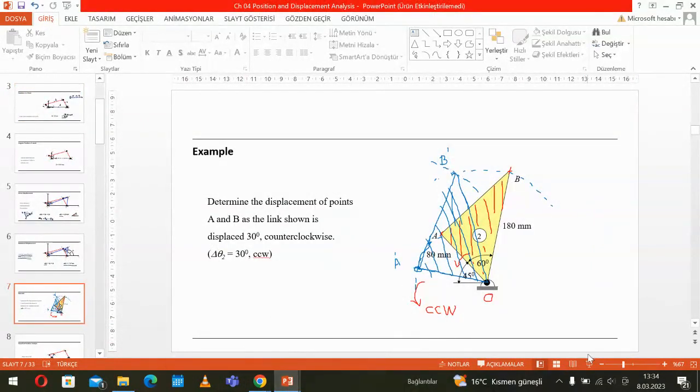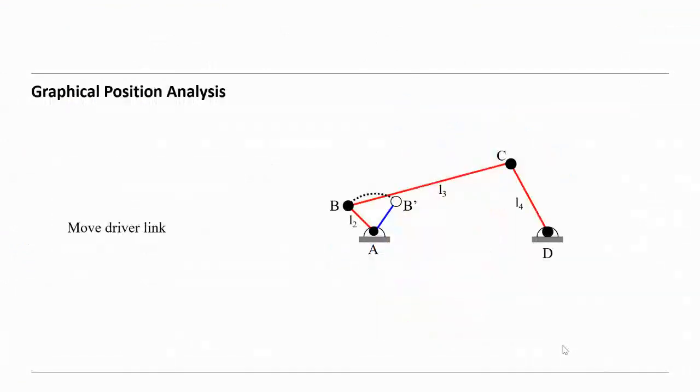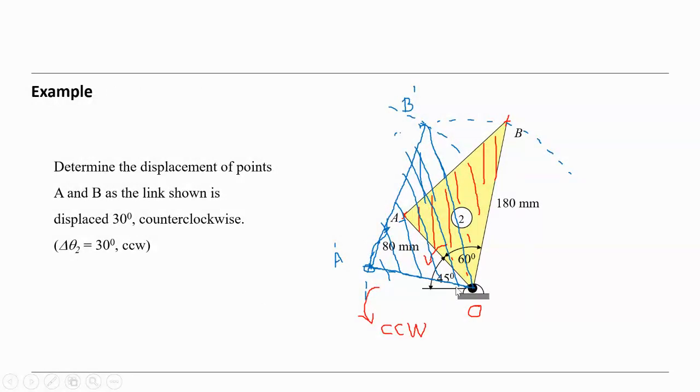Okay, so let's come to the next picture. We have here the graphical position analysis. So this was more or less, we said we can calculate it. We have here the 180, and this is the 80, and we have analytic calculations.